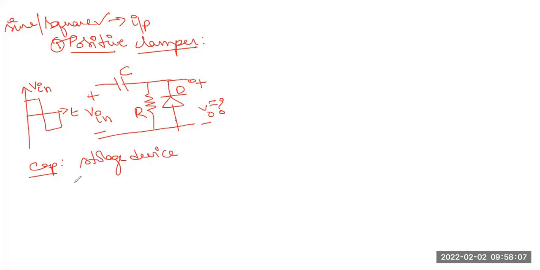Then, when the capacitor is fed with any input voltage, what does it do? Based on this principle of storage, the capacitor immediately charges. Charges to what? It charges to the maximum voltage of the input.